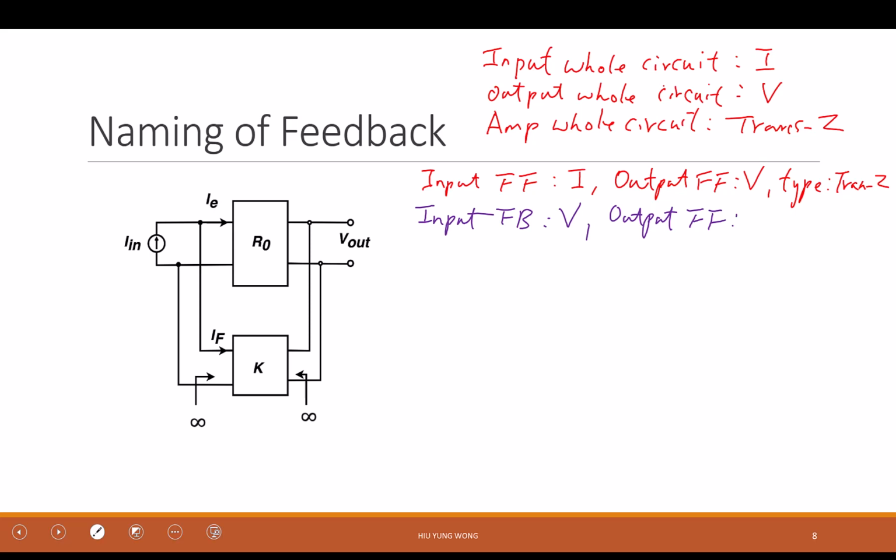So think about this. What is the purpose of this feedback? Let's say it's a negative feedback. What is the purpose of the feedback? To do a comparison, right? So in this particular case, the so-called comparison I showed you earlier, for voltage I subtract the voltage.